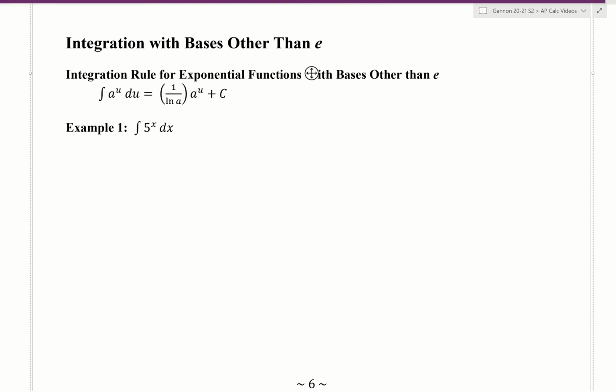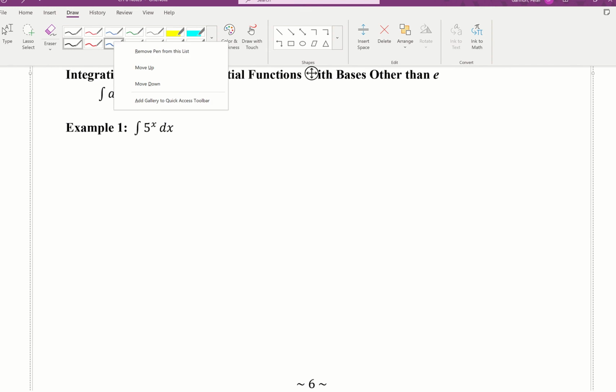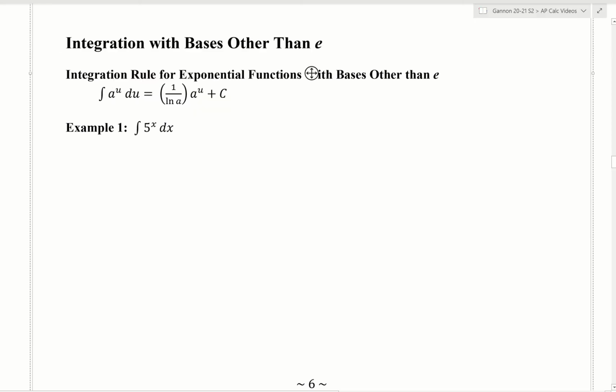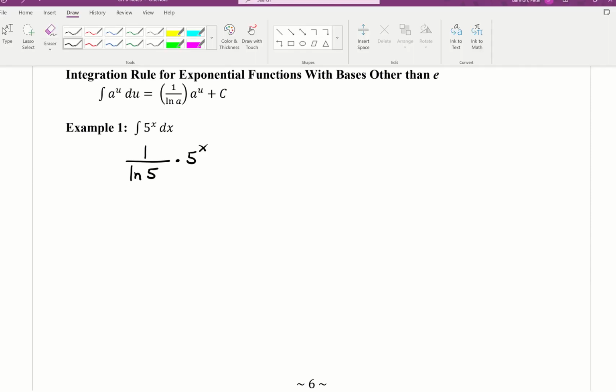If we apply that to below, we've got the integral of 5 to the power x. That is set up as an exponential, and our base is not e. So the integral is going to be 1 over the natural log of the base times the function plus c.